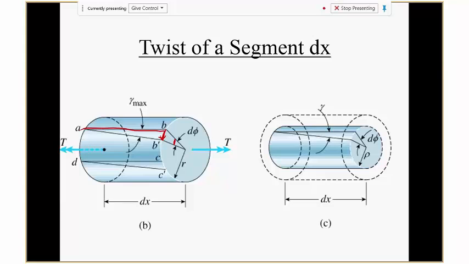If we fix the left side, use that as a reference surface, then the one on the right is going to rotate a little bit, right? Because you are twisting. So therefore, from one plane to another plane, you're going to have some rotation there. Okay, so over dx, you're going to have a small rotation d phi there. So this is the rotation angle we assume there.